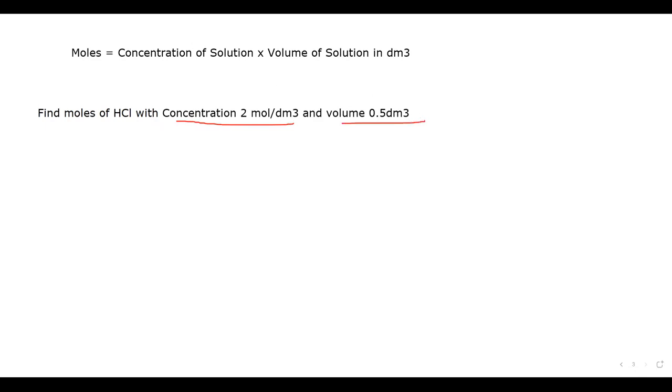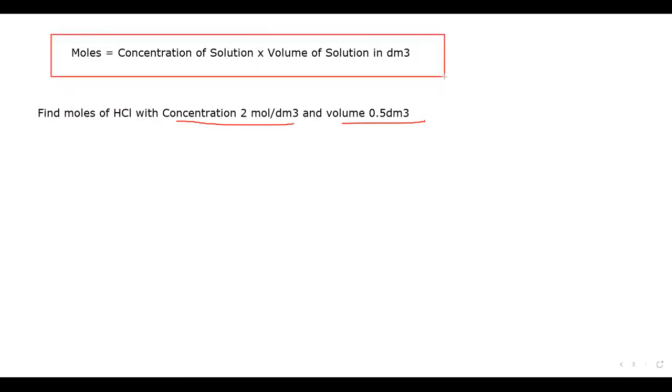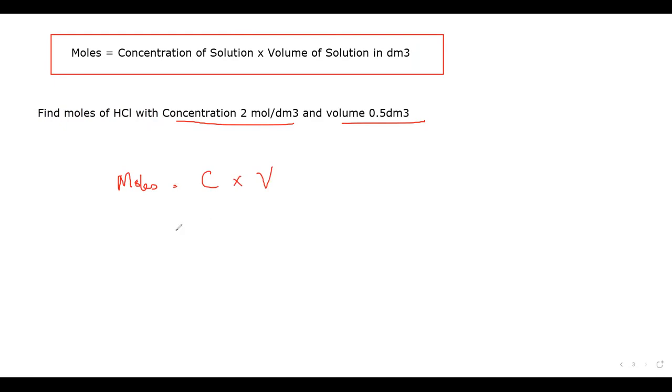So what is the formula? The second formula to get the moles is the concentration of a solution multiplied by volume of solution. The concentration of the solution is given as 2 and the volume is given as 0.5.